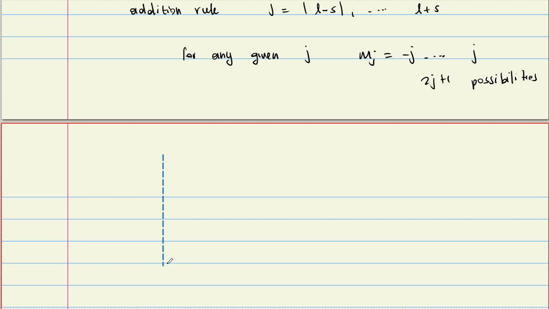One is L, suppose this is my L. And I have another one for S, suppose this is my S. And what we are saying is that each one is spinning like this. For example, this one is precessing around some z axis.